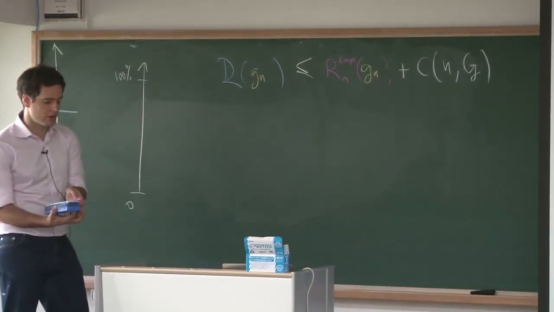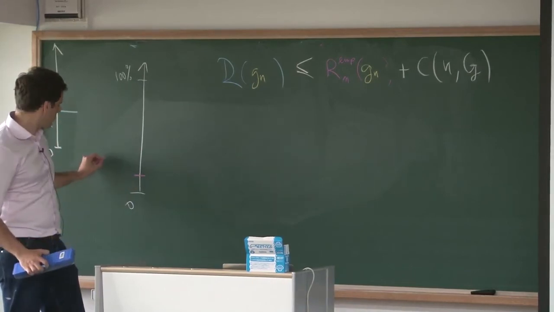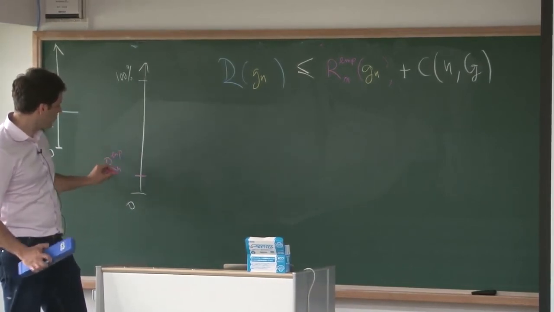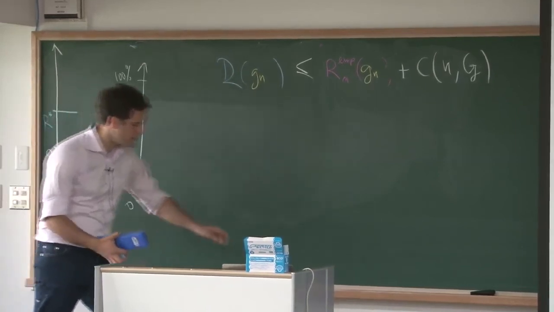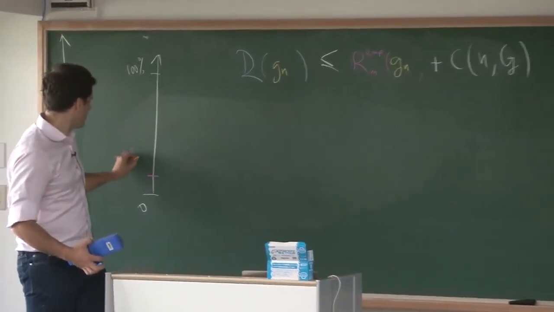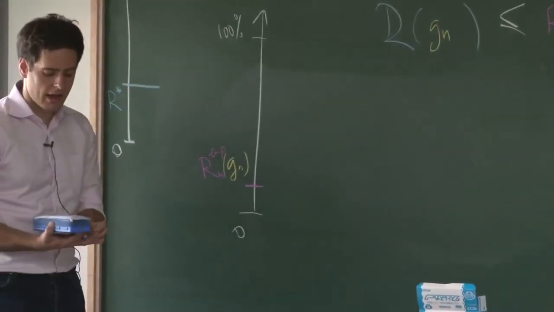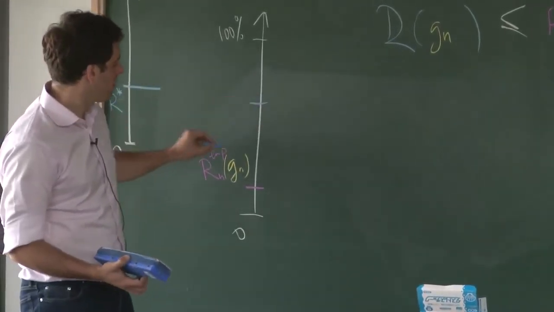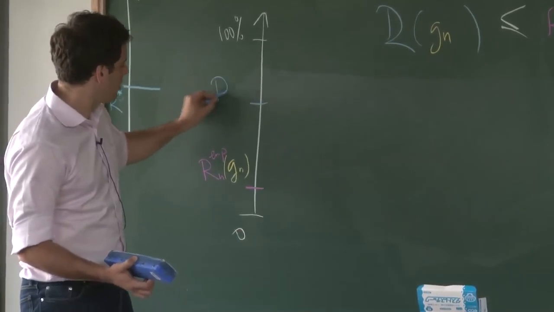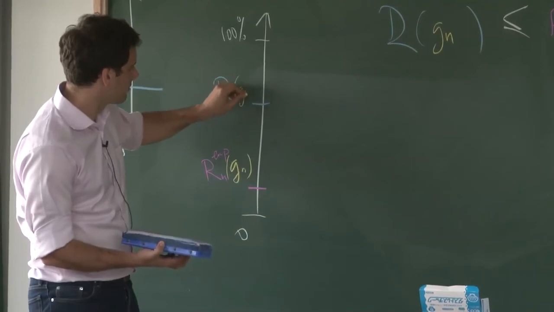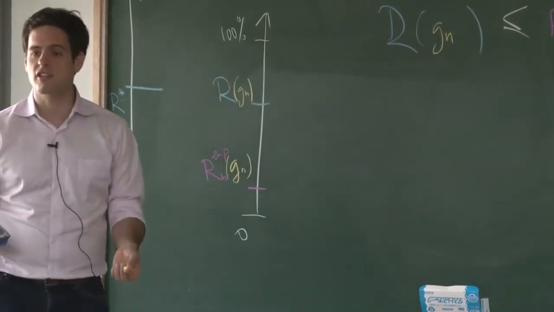Overfitting happens when you do this. The empirical error of your classifier or regression function is very low. And actually, the true risk of Gn is very, very high. So this is a disaster.